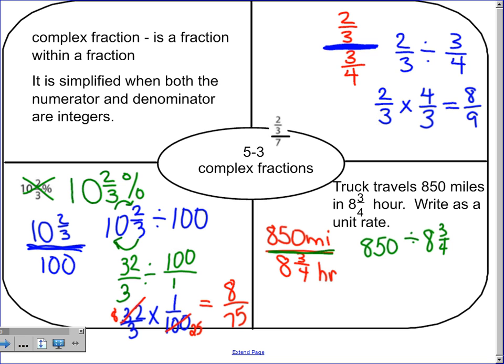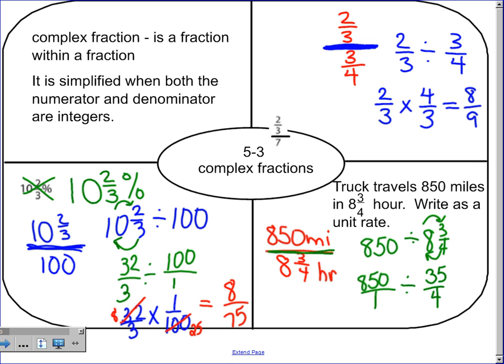All right, what do I need to do to this 850? Yeah. Good, so I'm going to rewrite this as 850 over 1. I'm going to keep this as division because too many kids try to change it to multiplication and they try to flip and change this into an improper fraction all at once and things go wrong. So 4 times 8 gives me the 32 plus the 3 gives me the 35 over 4.